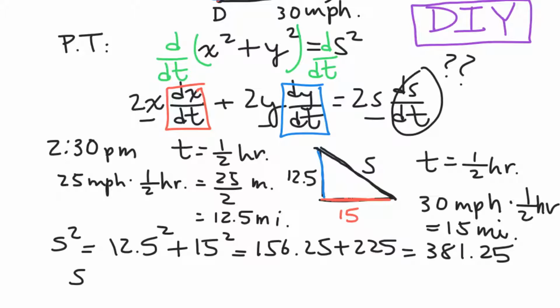So s at 2:30 will be approximately 19.53, and that's miles.